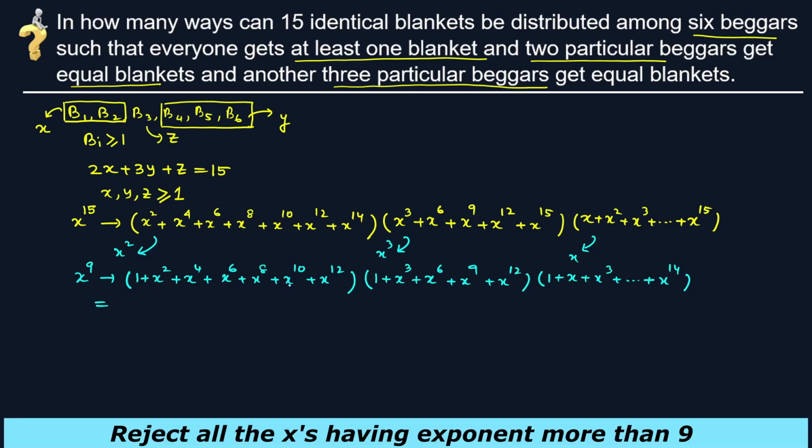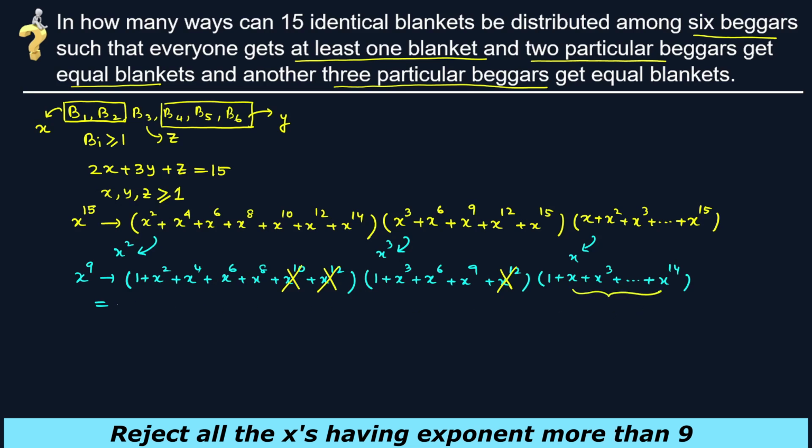Now, we can easily see that we don't need x to the power 10 and x to the power 12. At the same time, we don't need x to the power 12 from here. Anything more than x to the power 9, we don't need from this.